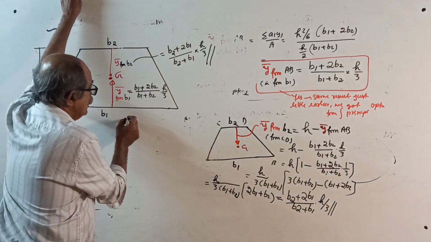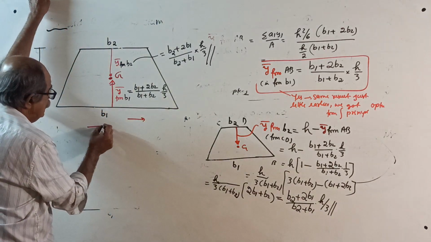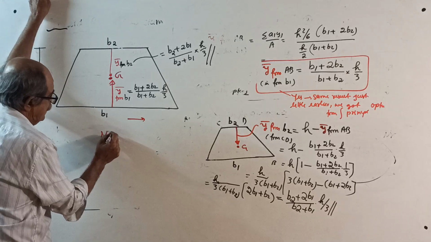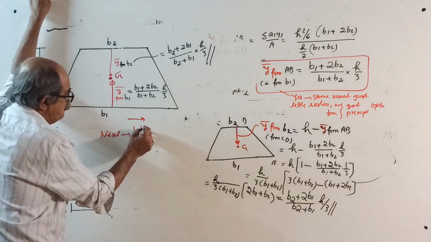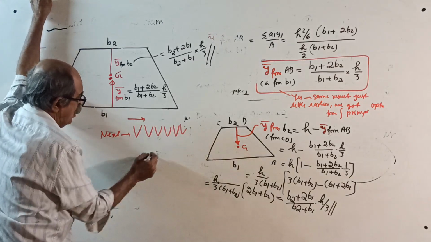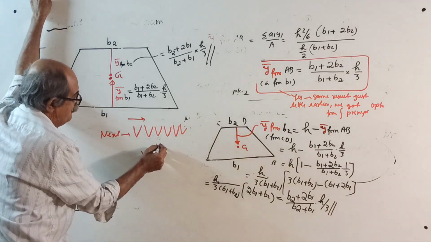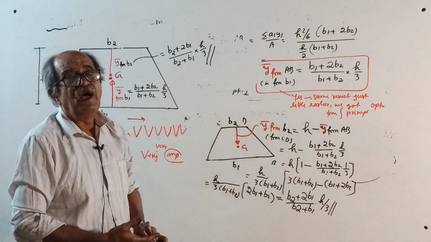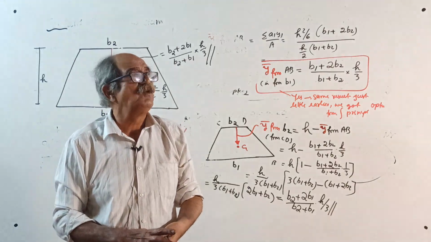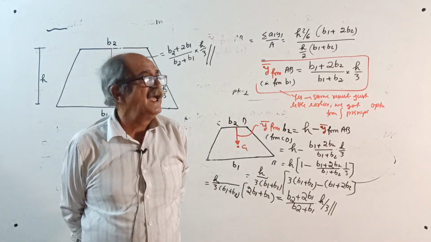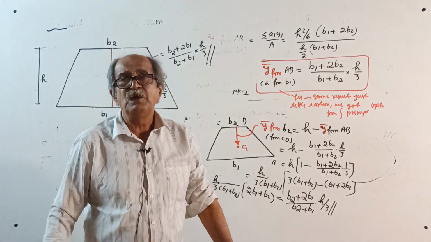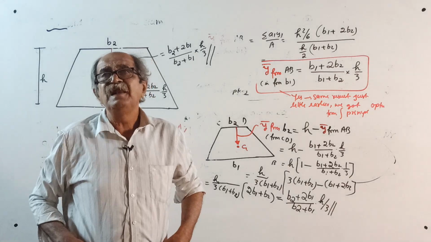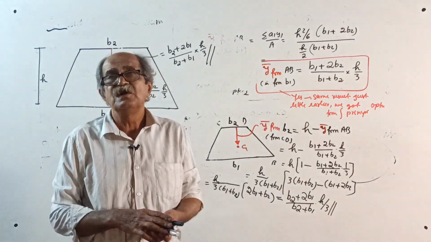So today's class I will wind up now, and remember, next class is very important for people who want to understand, because I am giving a summary of the centroid for all three cases of triangles and trapezium, in different orientations. If it is this way, if it is that way, everything I will tell, and then I will extend it further for load calculation.